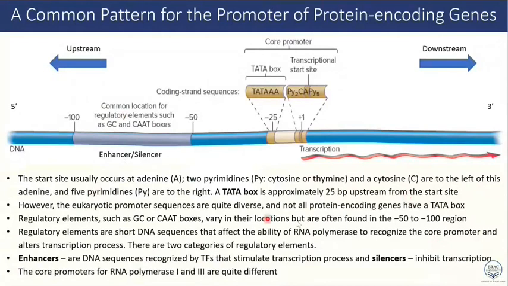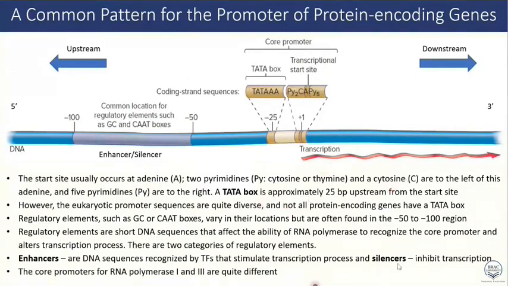The core promoters for RNA polymerase 1 and 3 are different. RNA polymerase 2 is shown here. Why RNA polymerase 2? Because RNA polymerase 2 is mainly involved in transcription of mRNA, and we are dealing with mRNA.